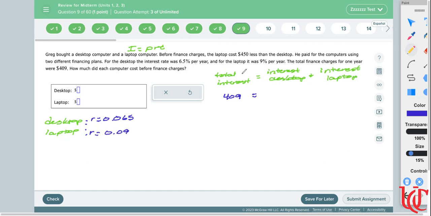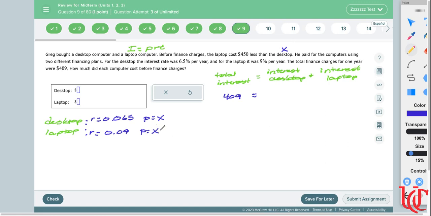Now, that brings us to the sense of before he paid for the computers. And then before finance charges, the laptop cost $450 less than the desktop. The comparison is here: desktop gets X. So the price is X. And the price for the laptop is going to be the desktop minus 450. Because we have the less than, that means that 450 has to go at the end.